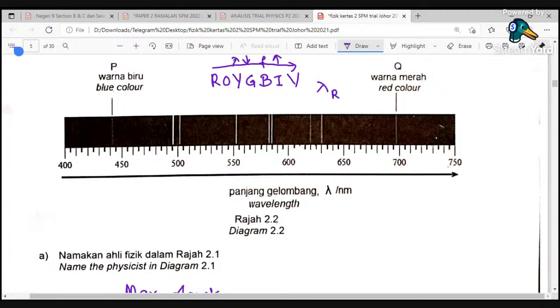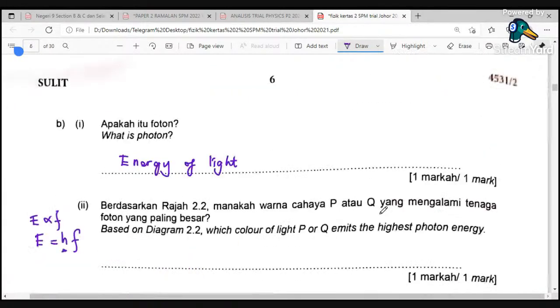If you compare wavelength, lambda of red is longer than that of blue light. But frequency of blue is larger, so the energy of photons for blue color is higher.